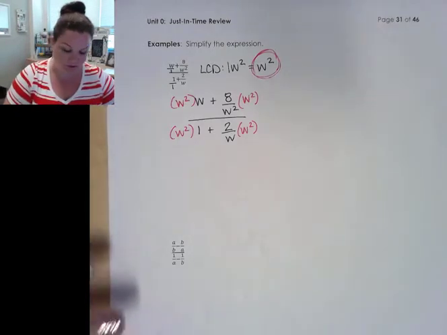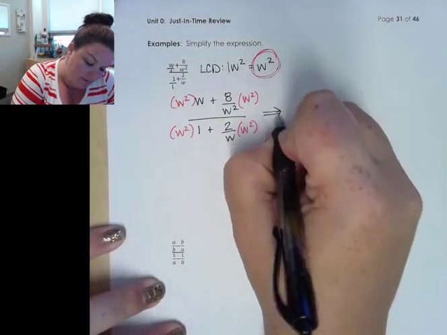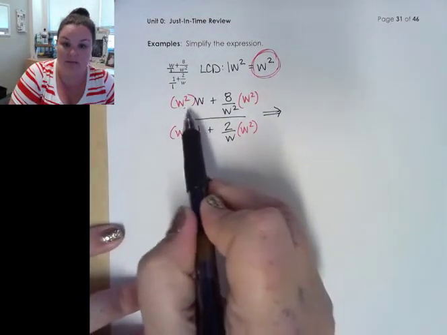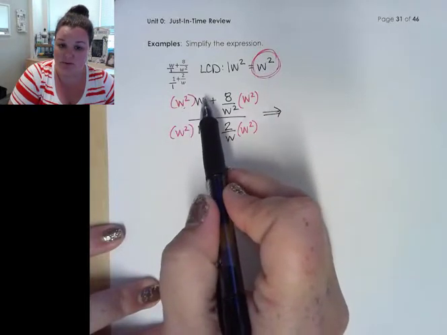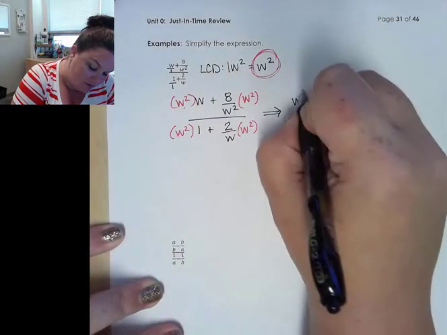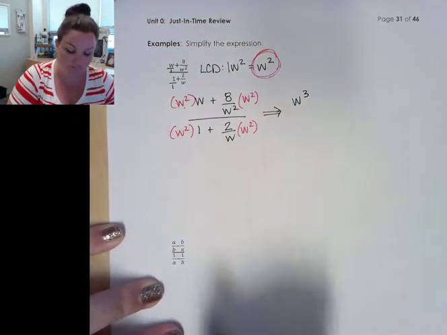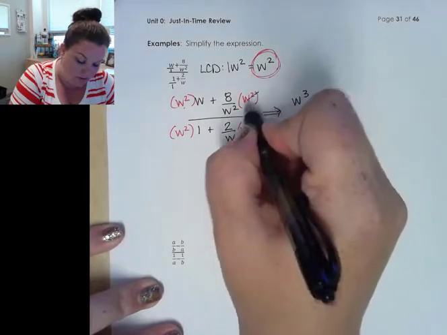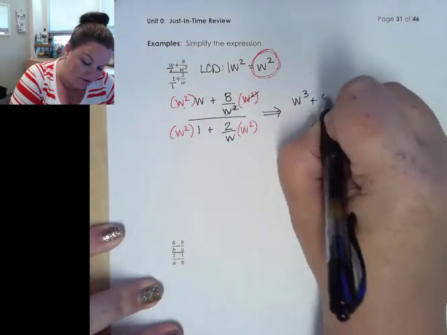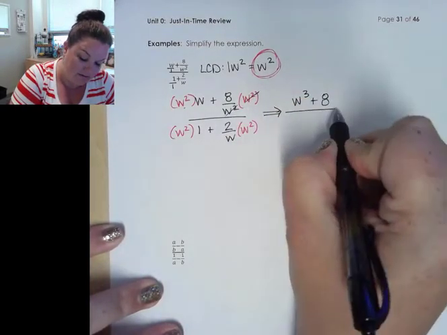Okay? So let's see. When I look at this one, I don't have any denominators to cancel out. So I just do w squared times w to the first, which gives me w cubed, right? On this term, my w squareds cancel, and I'm left with just a positive 8.